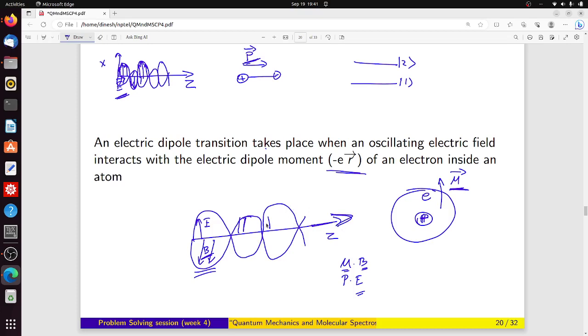So this radiation can interact with this kind of system where there is some induced magnetic field, or some charge cloud separation between the positive and negative charge, which will induce some electric dipole moment. In that case also this radiation can interact with this system.